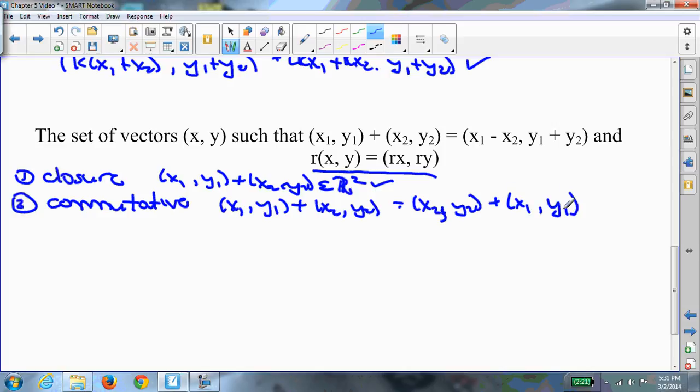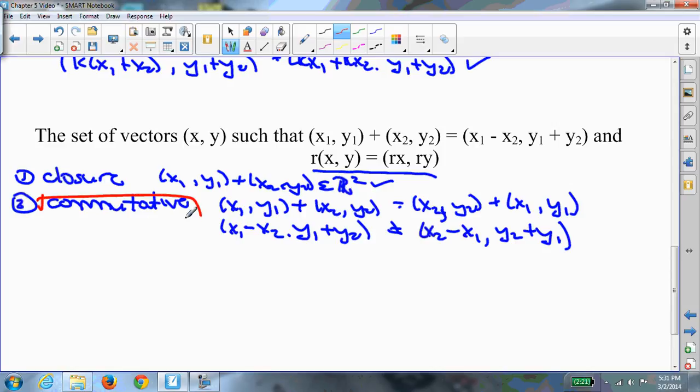But using our definition of addition, this is not true because we get x1 minus x2 comma y1 plus y2, which is not equal to x2 minus x1 comma y2 plus y1. So the commutative property does not hold.